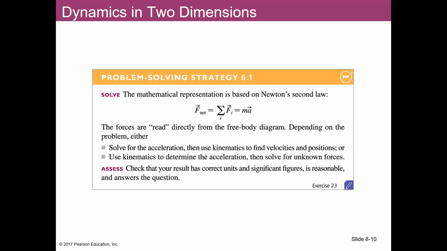Okay, so now we can move on formally to dynamics in two dimensions. This is the problem-solving strategy: the same thing of the particle model, the solve step, and the assess. Does your answer make sense? Again, typically for problems in Chapters 5 through 8, the numbers are not extraordinary. They're somewhere between 1 and 10, or maybe between 10 and 100.